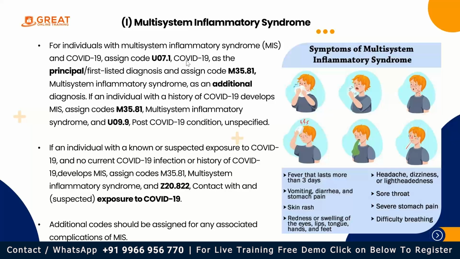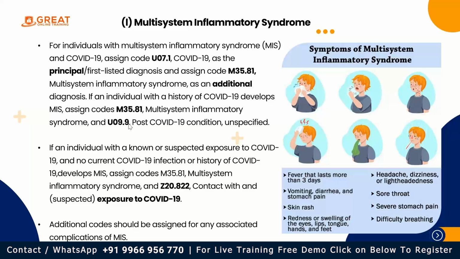First scenario is related to current COVID-19 infection and MIS. In that case, you have to use COVID-19 as a principal diagnosis, code U07.1, followed by the MIS code.